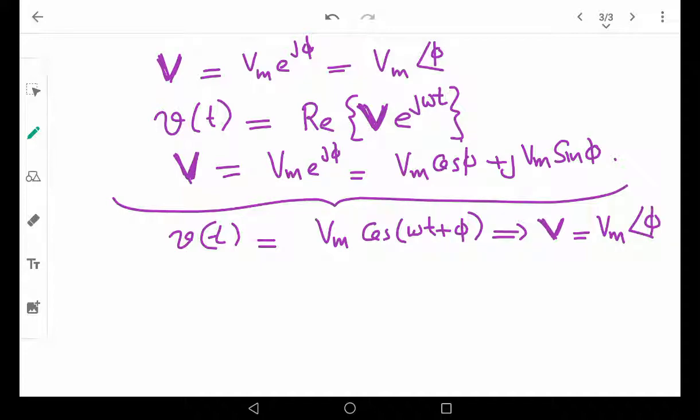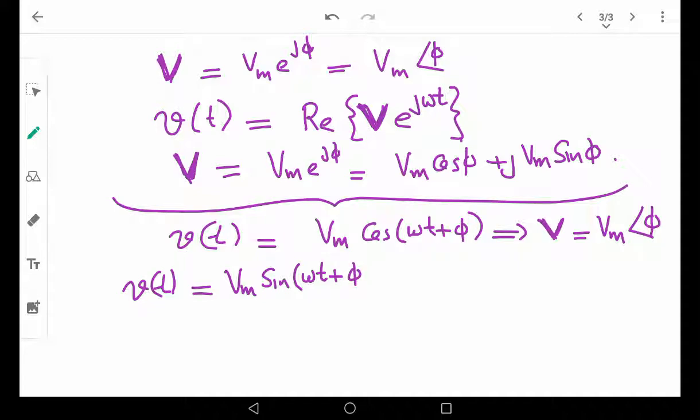Now suppose you have another signal v of t equal to Vm sin of omega t plus phi, right?